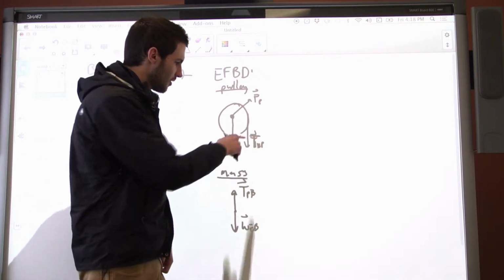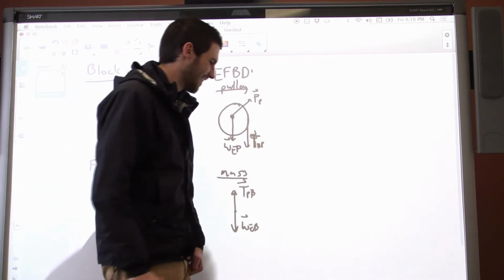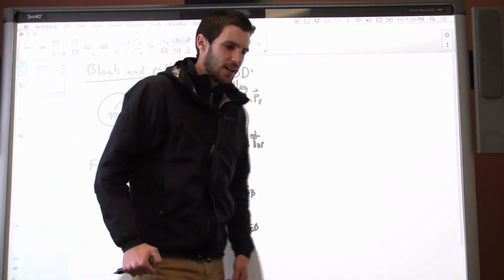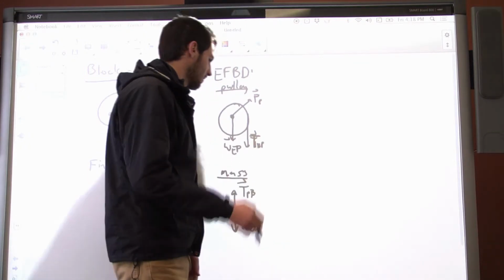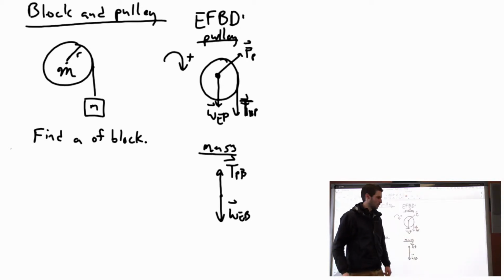So I'll sum my torques. I've got to choose a positive direction. Maybe I'll choose clockwise to be positive, because that's the way that the tension pulls. And we see neither of these forces has a torque with the axis placed right here in the center.